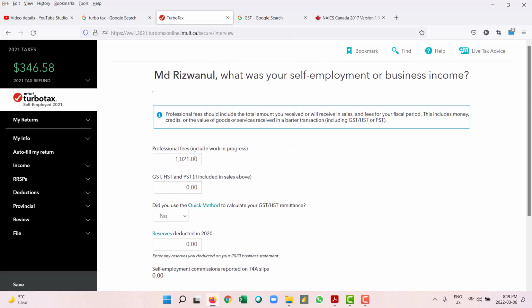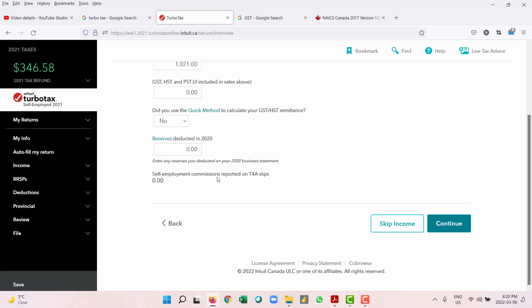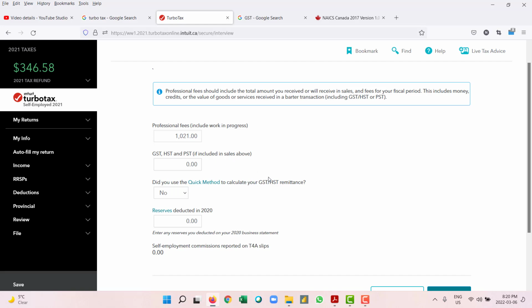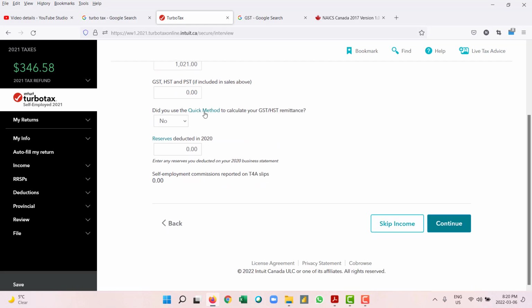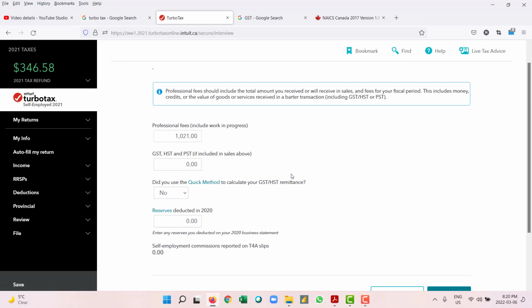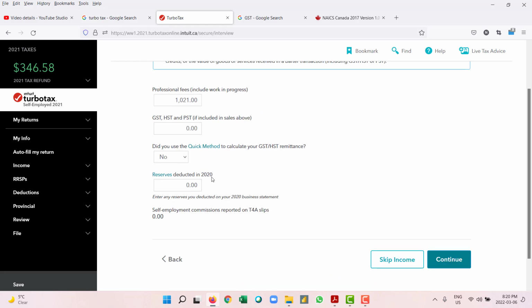So if I need to pay GST on 1021 or something else, and if you put any value here, you will get less refund. So I don't need to put anything because the company should pay the GST and HST and 5% of it. And I don't need to worry about it.